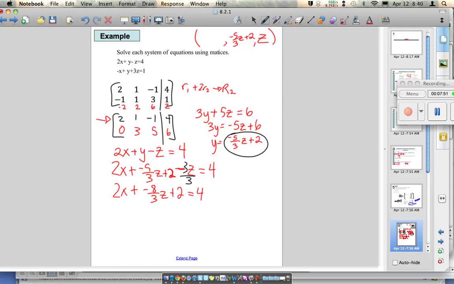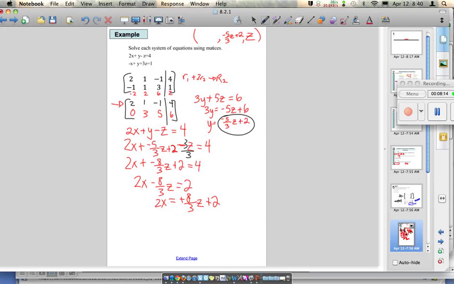Okay, so let's get x alone because I want to figure out what x is in terms of z. So it looks like I have 2x minus 8/3 z equals 2 after subtracting 2 from both sides. Add 8/3 z to both sides, and I get 2x equals negative, oh, it'll be positive now, negative 8/3 z plus 2. And one last step, dividing everything by 2, I'll get x will equal 4/3 z plus 1.